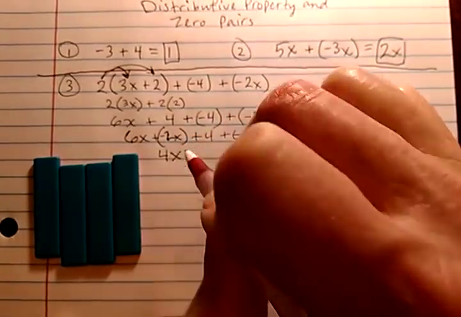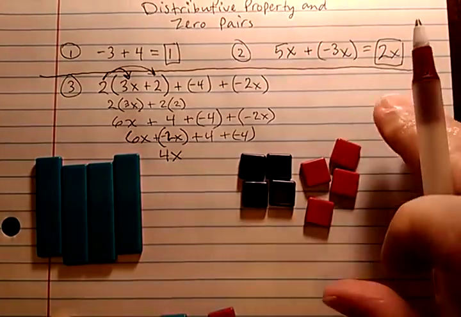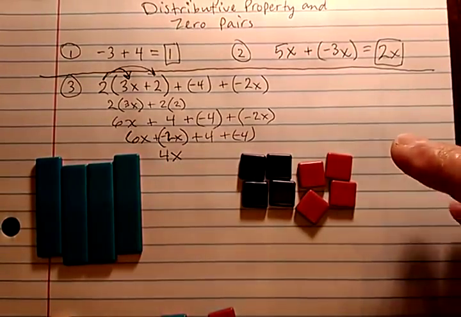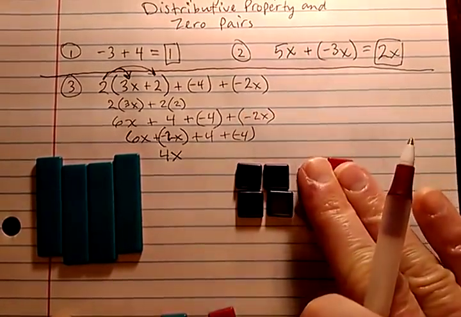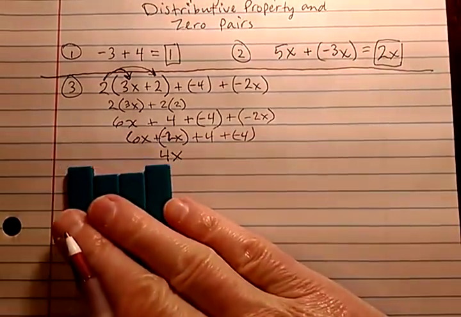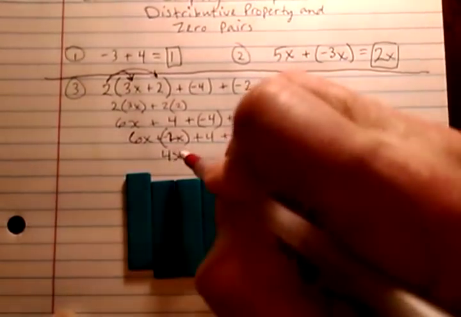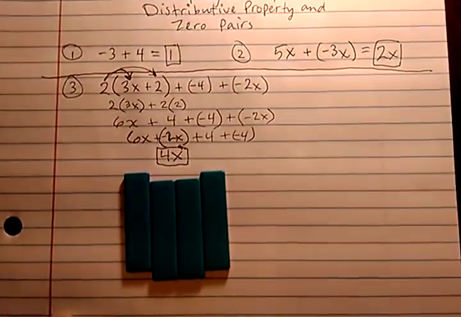So we have 4x's left. Now with the ones, we've got 4 positives and 4 negatives. 4 plus negative 4 is 0. The whole thing is a zero pair, right? Because the 4 positives match with the 4 negatives all go away. So really all that's left at the end of this expression is 4x. That's what we're left with. We have nothing more.